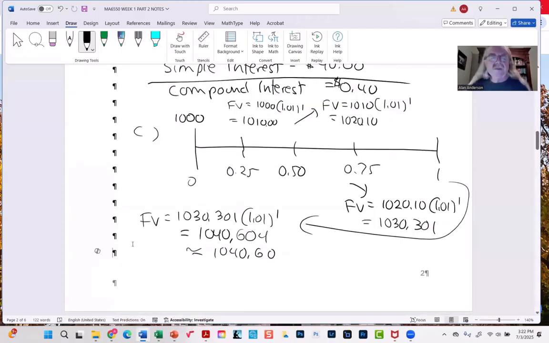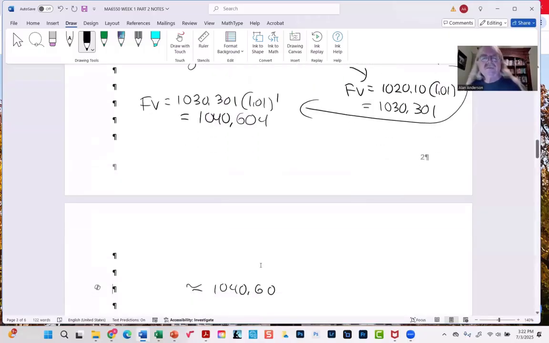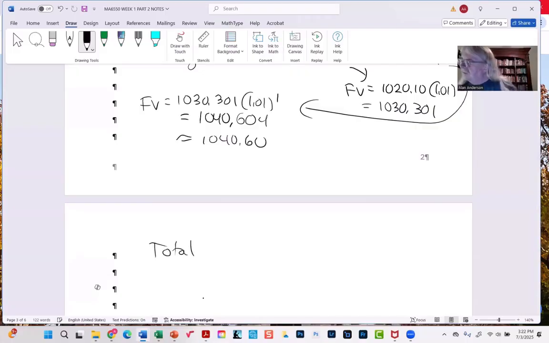So you can see, just by looking at it, that while the simple interest, wait a minute, what's just happened here? So that means that the total interest now is 40.60.